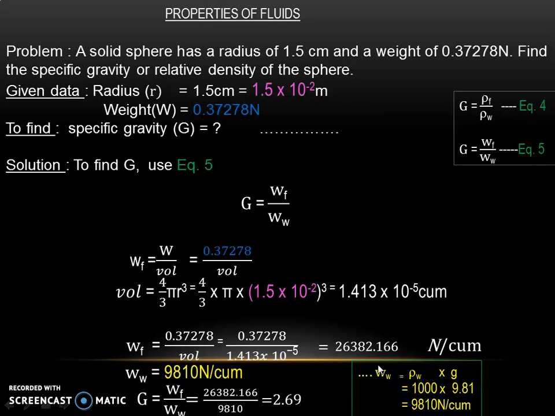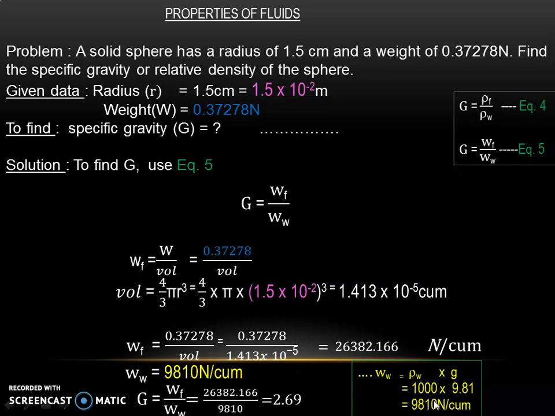How to get the value of specific weight of water? Specific weight of water is equal to density of water into G. What is the density of water? That is 1000 and the value of G is 9.81. The unit of density is kg per cubic meter and the unit of G is meter per second square. 1 kg meter per second square is Newton, and cubic meter is written as it is.